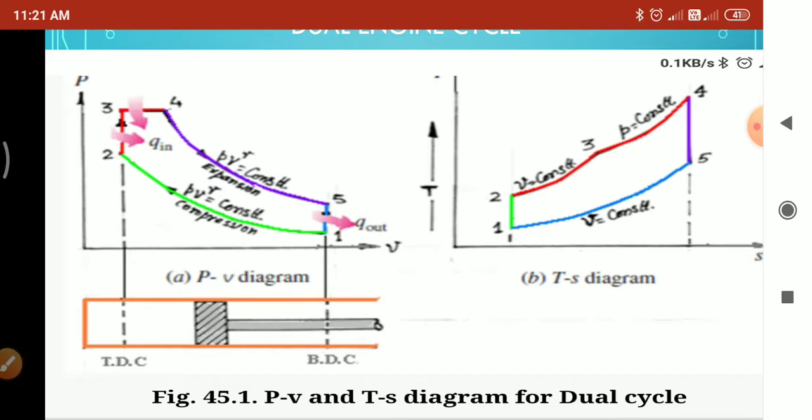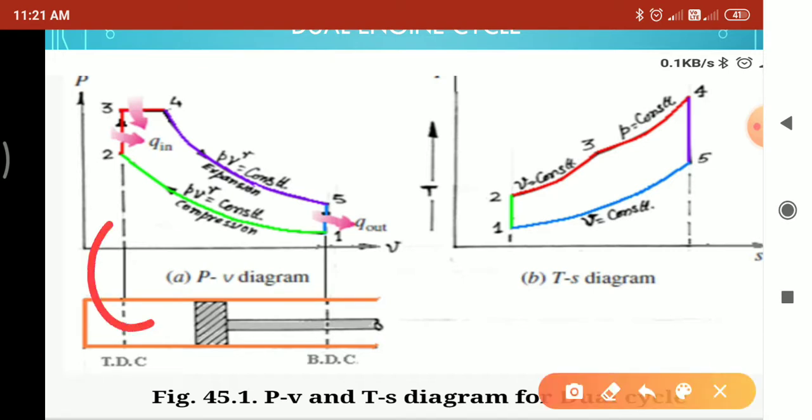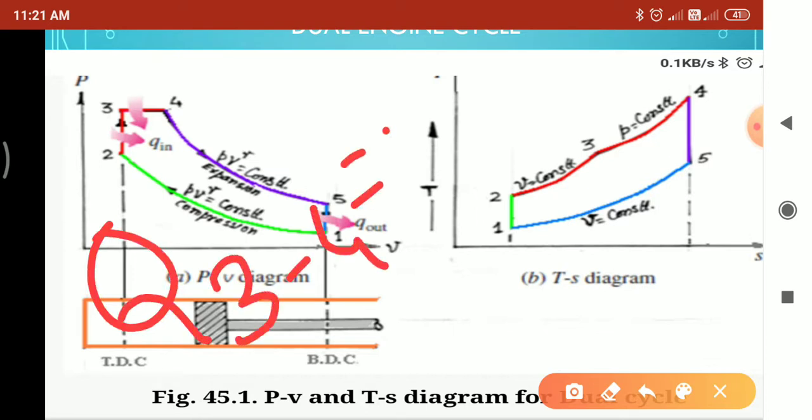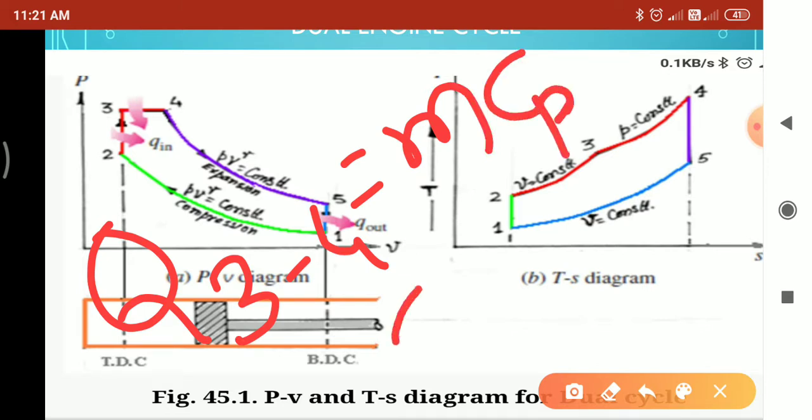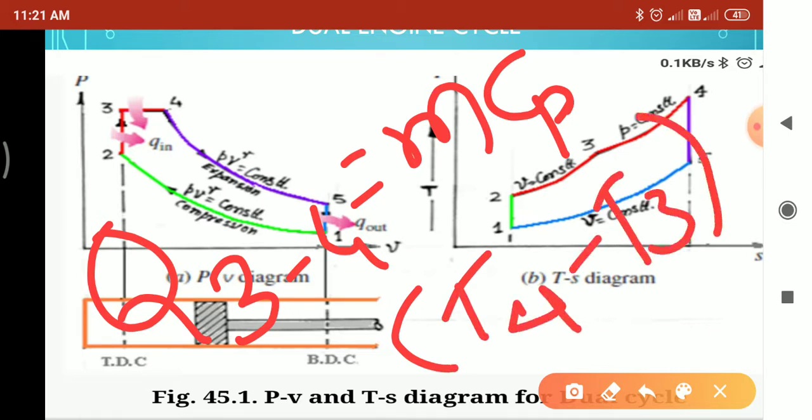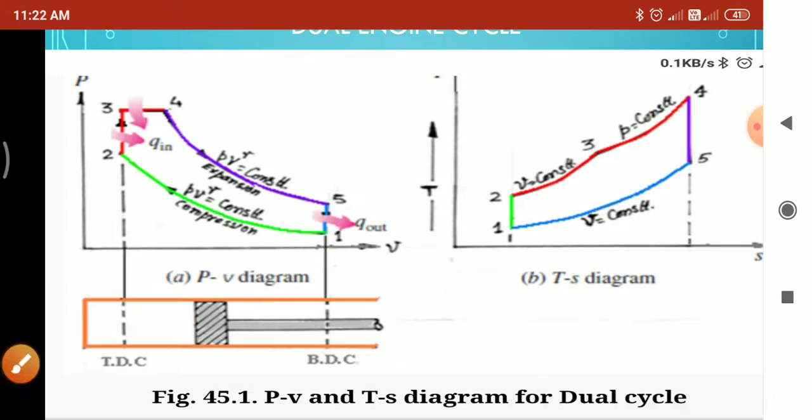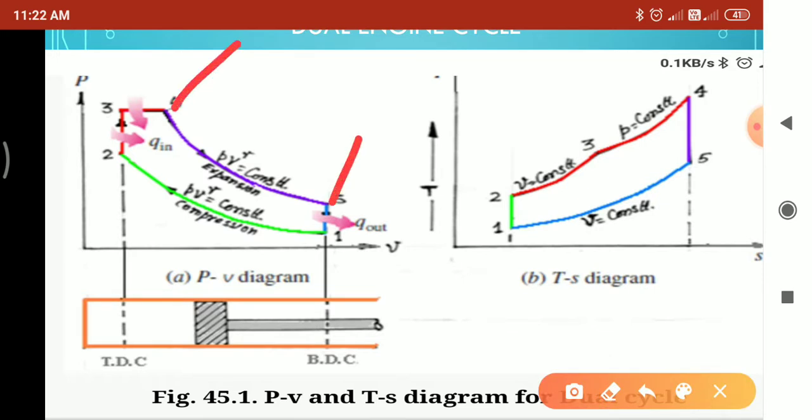So I can write the heat equation Q3-4 equals m Cp, at constant pressure, times (T4 minus T3). This is the equation for heat addition at constant pressure.